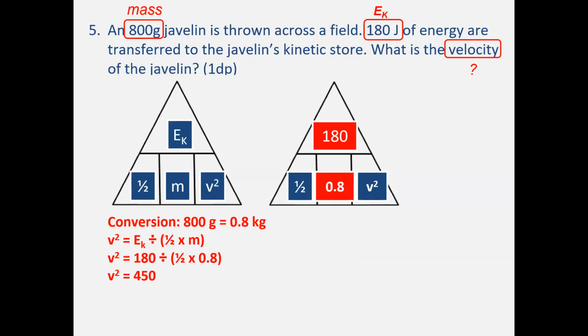However, we're not looking for velocity squared, we're looking for just velocity. So you would need to square root your answer there. And the square root of 450 is 21.2 meters per second to 1 decimal place.